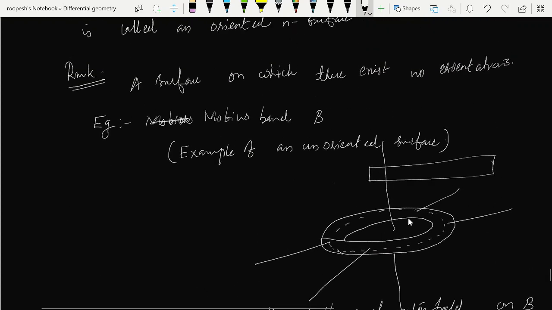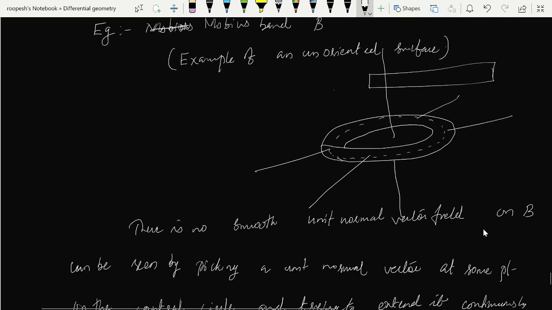That means, see, here we have got the Mobius band and its center circle. Suppose I am giving the direction like this, this side direction. See, if I am going like this, up to here is okay. Now it is going inward direction.